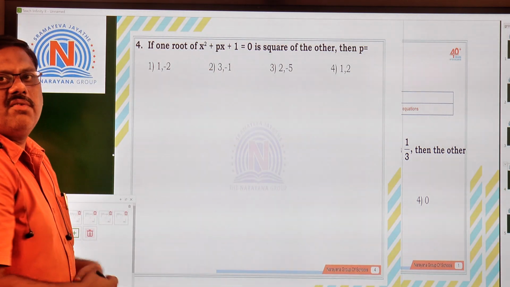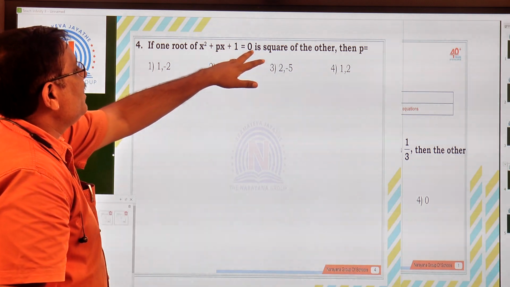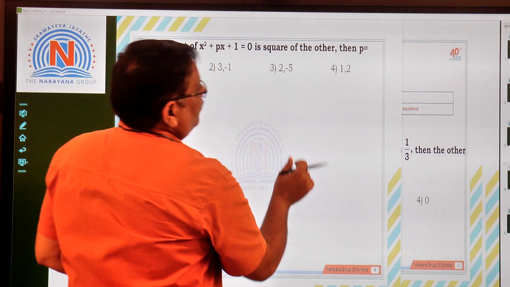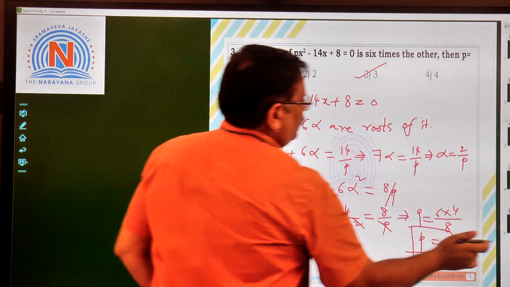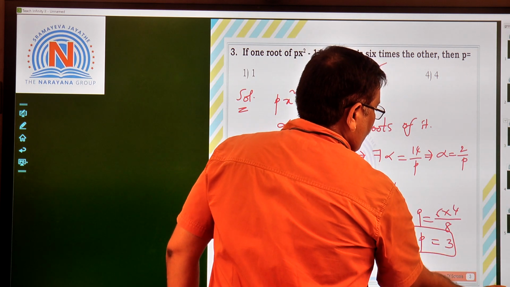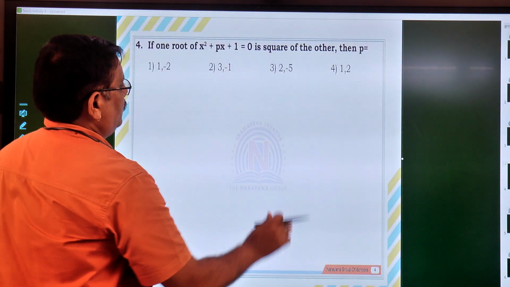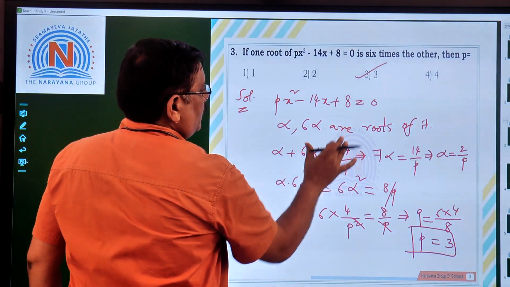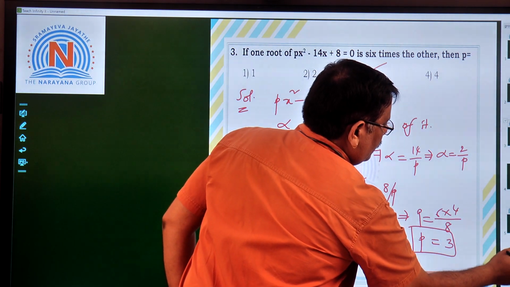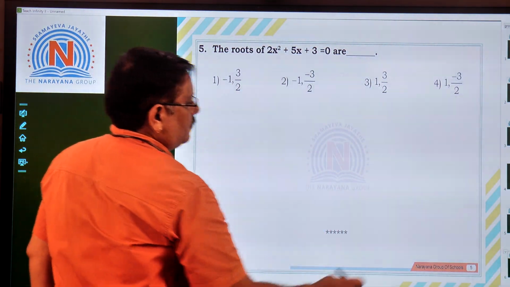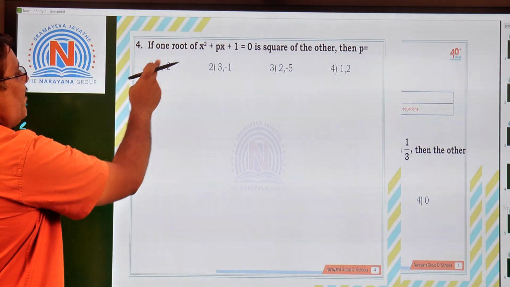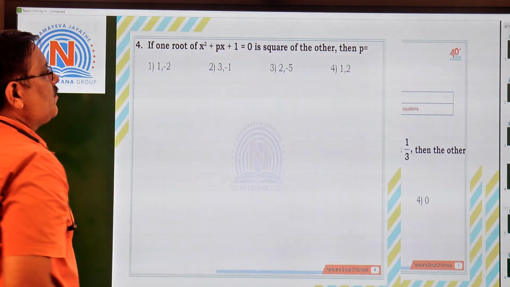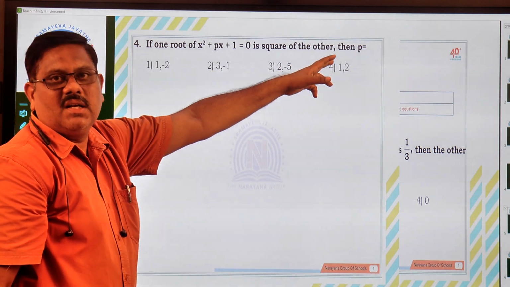Yes, we can solve this question. If 1 root of x square plus px plus 1 is equal to 0 is the square of the other, then what is p?